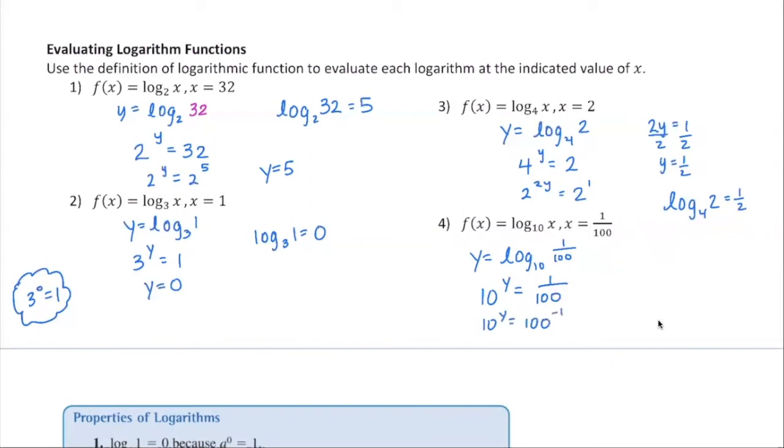But again, I want the bases to be the same. So instead of writing 100, I'll replace that with 10 squared. And then remember, I'm multiplying those exponents. So that would be 10 to the negative 2. So now I know that I have the same bases and equal sides. So I can say that y is equal to -2, or the log base 10 of 1 over 100 equals -2.